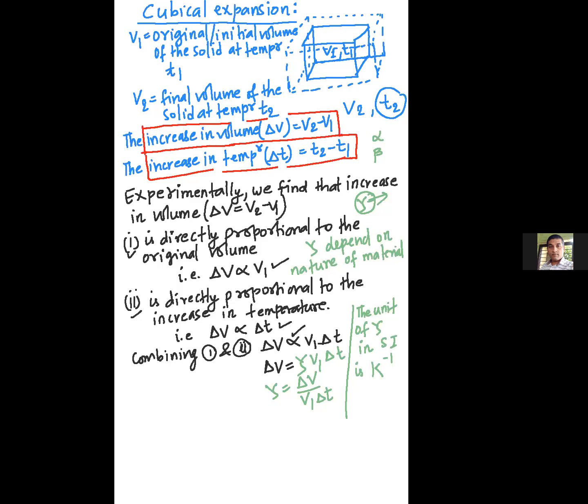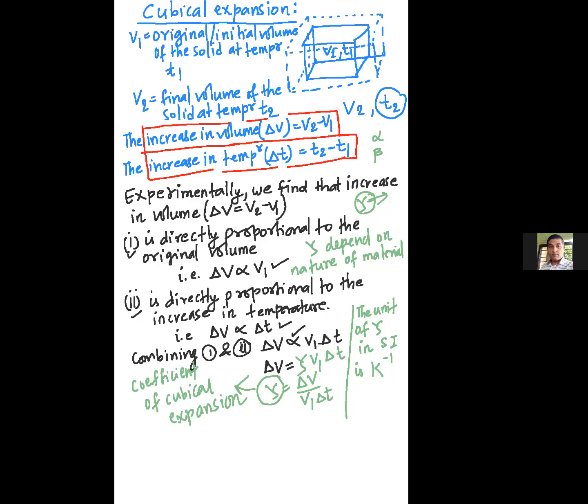Gamma is called the coefficient of cubical expansion. Clear?